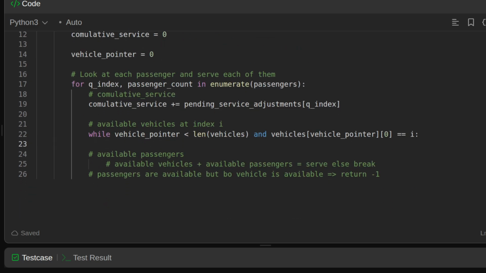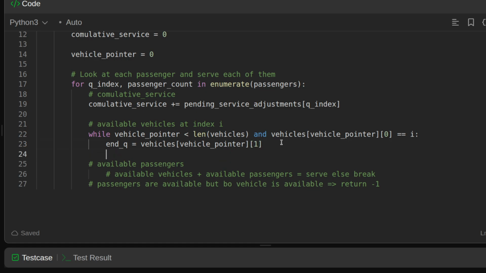So it will be a heap operation actually. I just have to check the end queue once. End queue will be vehicles of vehicle pointer 1. Actually I need to know where it ends, because I am already at the starting index, and I want to know where it will end, and this Rapido will act as a heap queue.